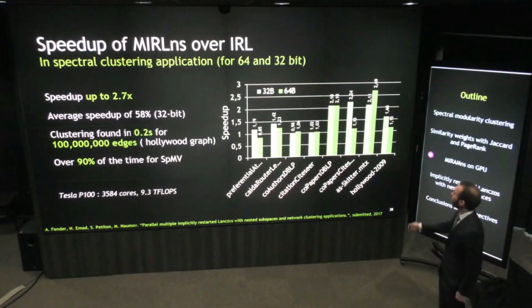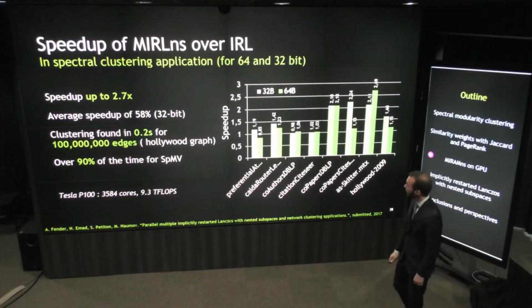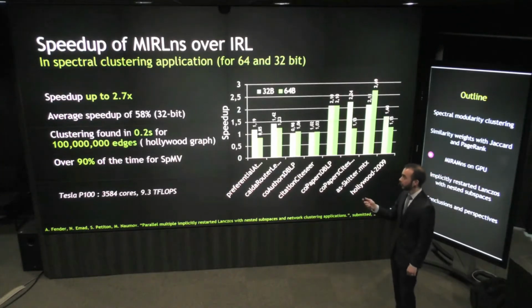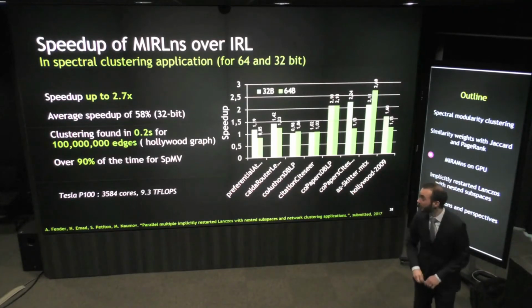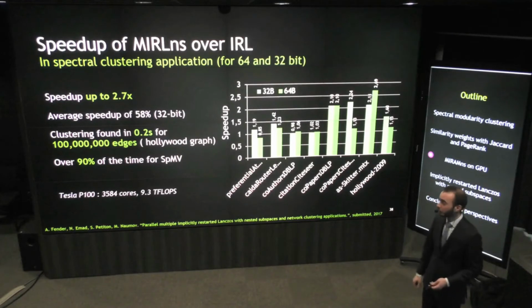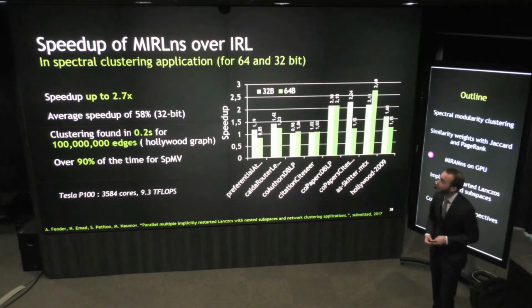And now what we are curious about is how this improves the clustering. So we can see that we have a 2.3x speedup. This speedup is directly related to the reduction of the number of sparse matrix vector multiplications.